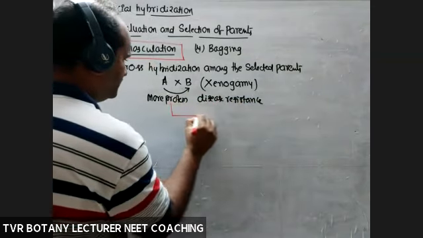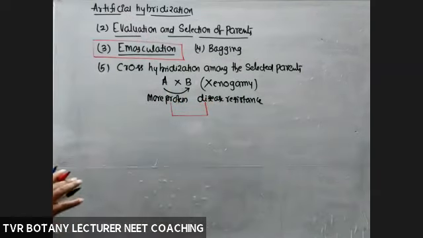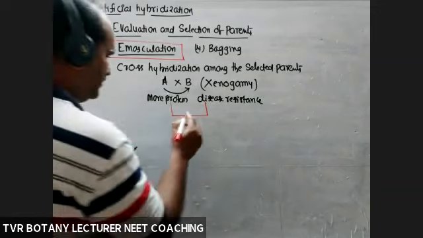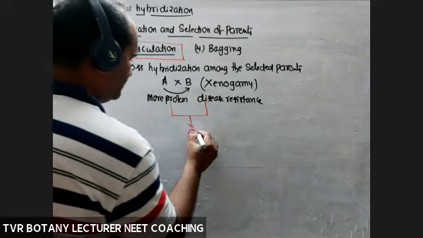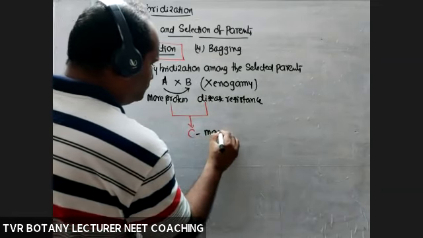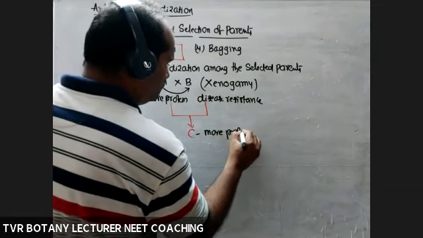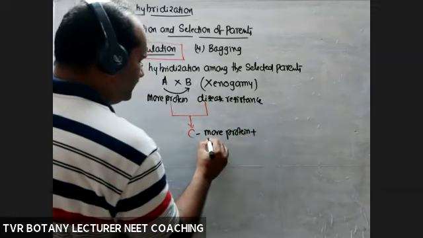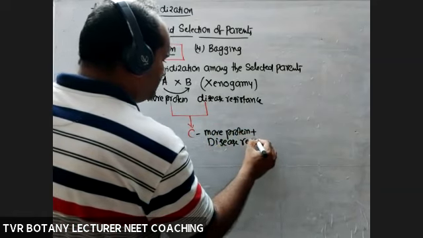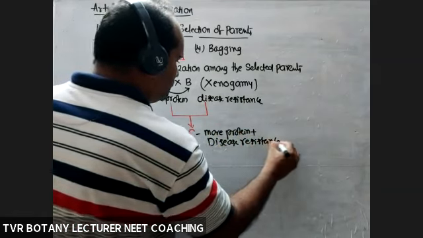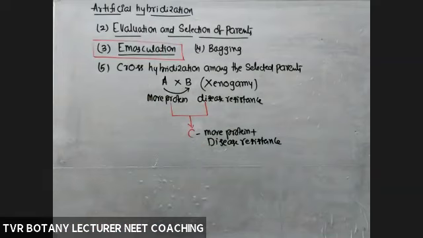To bring these two genes concerned with more protein and disease resistance into C variety. Now C is with more protein plus disease resistance. Okay, that is our objective. Okay, right? Is it clear?